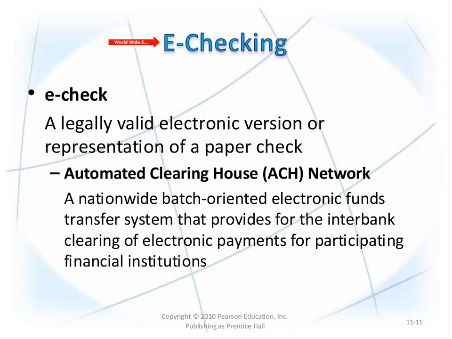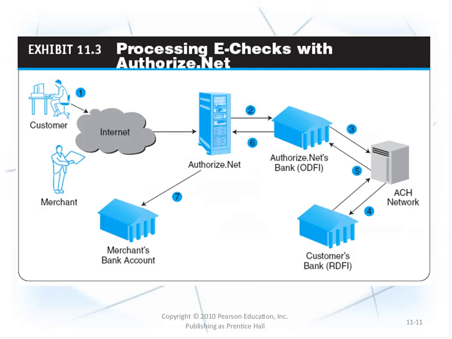Later on, I think we will have a graph of how this process is going. Here in this slide, we can see processing an e-check with, for example, authorize.net. Here there is a customer who through the internet buys some goods or services from a merchant.